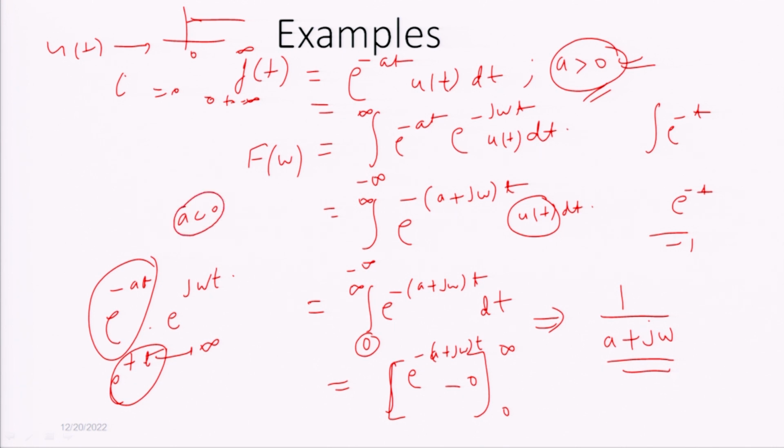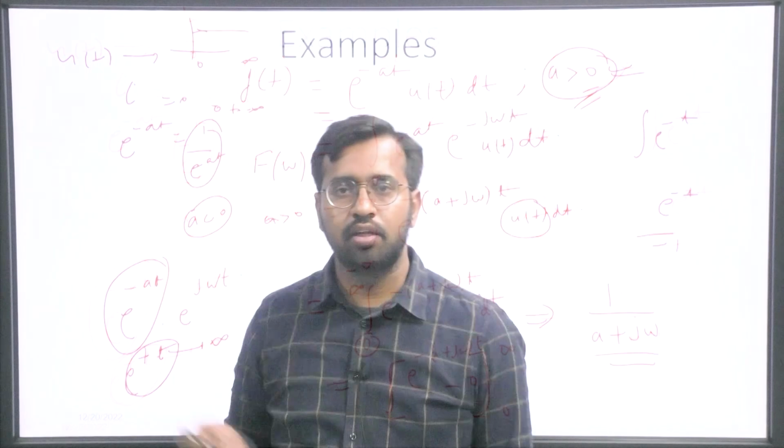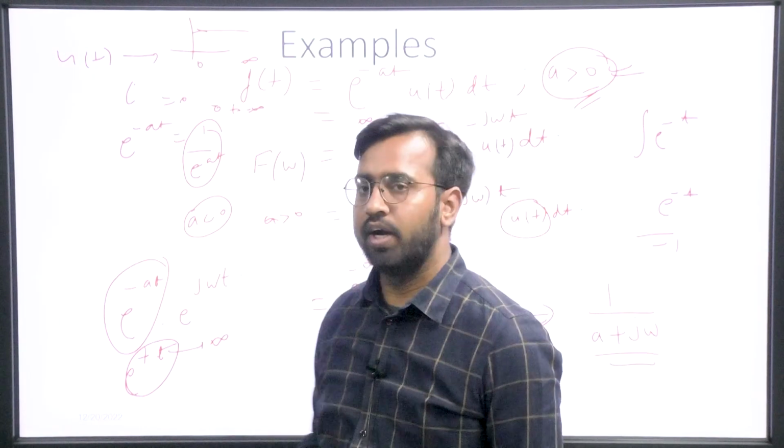When a is positive, as given in the question, minus a t is negative, and e to the power minus a t can be written as 1 upon e to the power a t, and you get a finite value. Otherwise, if a is negative, there are chances of getting an infinite value.